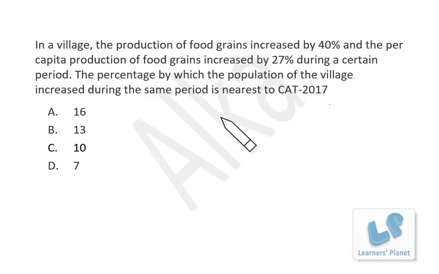I assume population to be 10 and per capita production also to be 10. So the total production is 100.